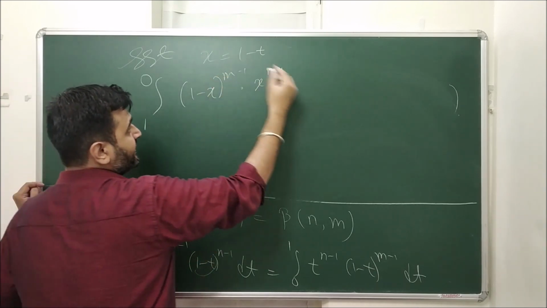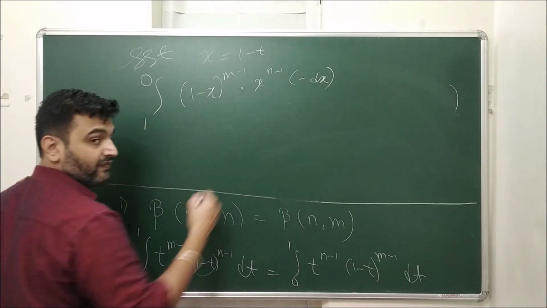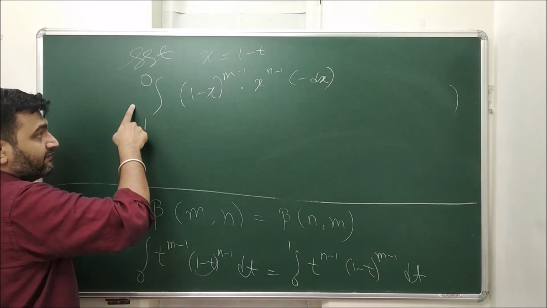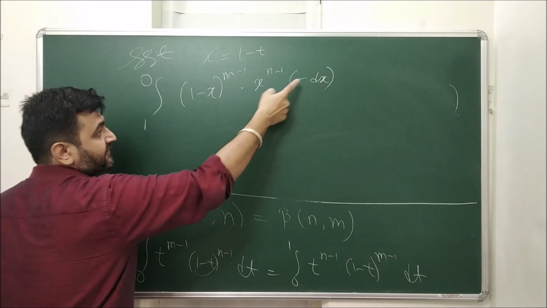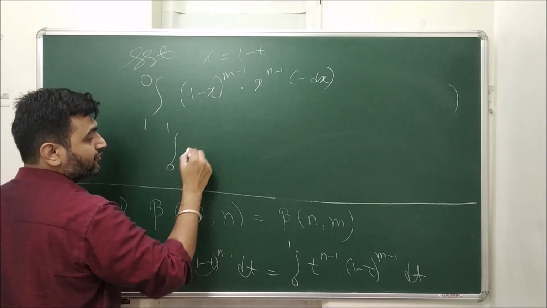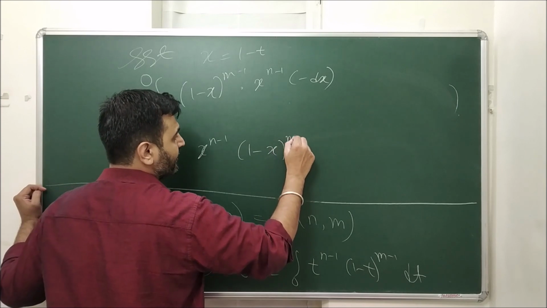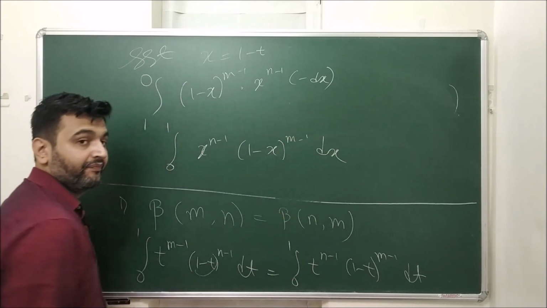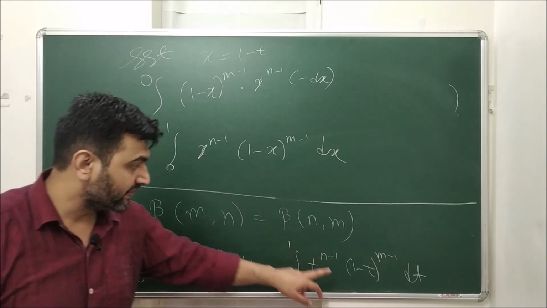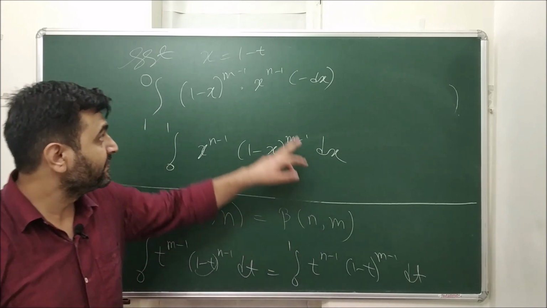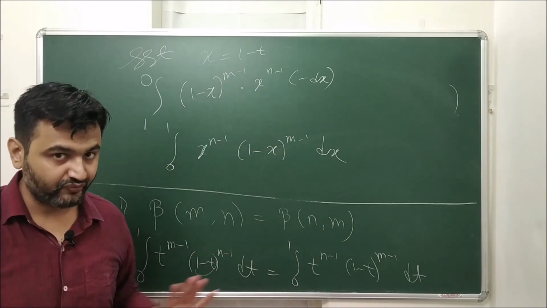And what is my dt? It is minus dx. Now we interchange the limits, the minus comes outside and cancels this minus. So you have the integral from 0 to 1, x raised to n minus 1, 1 minus x raised to m minus 1, dx. You replace x by t, and you get the answer. So simply one substitution gives you a proof.